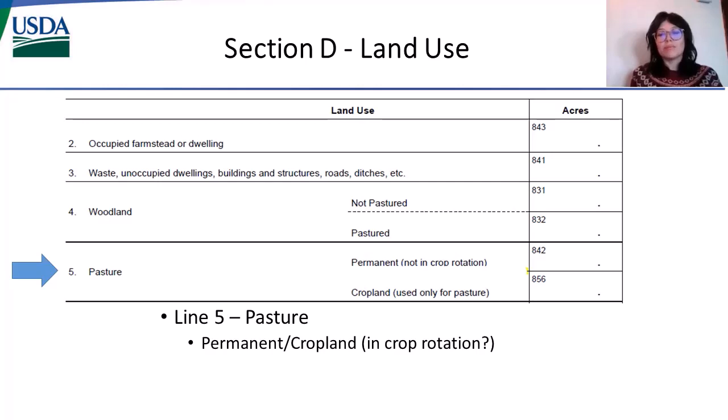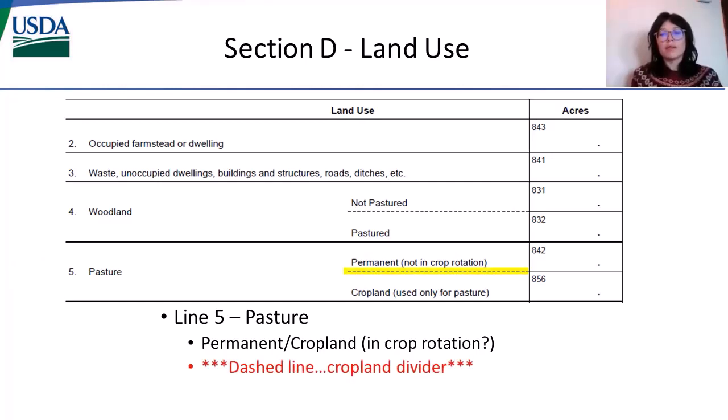As mentioned before, you cannot have pastured woodland recorded here. Lastly, note that the dashed line on line 5 is basically a cropland divider. Everything below the dashed line is considered cropland. Everything above is not cropland.